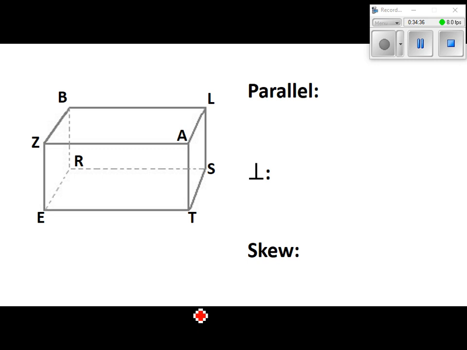Perpendicular. Remember, perpendicular lines come together and form a right angle. Hopefully, in our rectangular prism here, in the corners, there should be right angles. So we could say line BL is perpendicular to line AL.